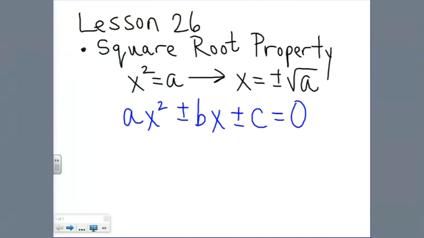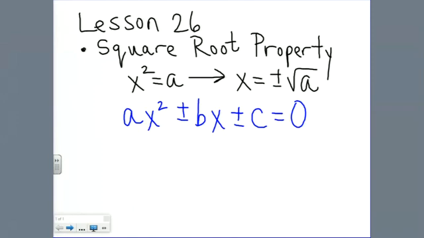Now, the highest exponent, whatever it may be, tells you the number of answers you should have. So normally our highest exponent with being quadratic is an exponent of 2. So that usually means we get 2 answers.